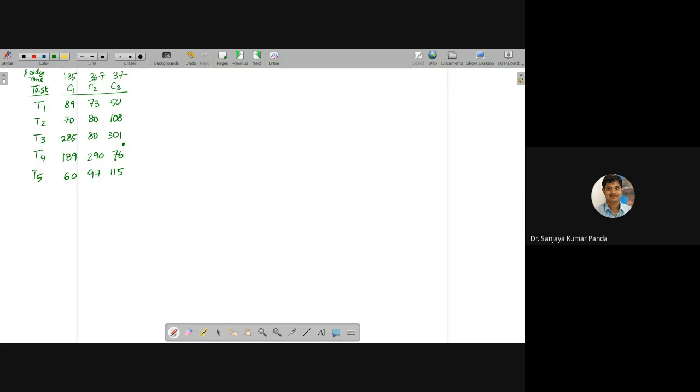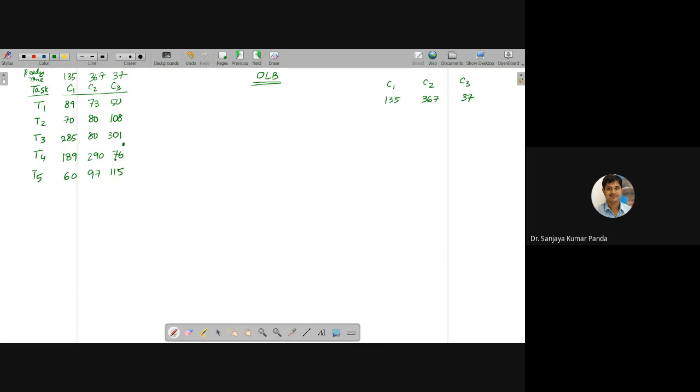So now if you apply opportunistic load balancing, OLB, first we'll see with OLB, then we'll proceed with other algorithms. If you consider 3 different clouds, C1, C2, C3, they are busy for 135, 367, and 37 units of time. Can anybody tell which cloud is going to be available first out of these 3 clouds?